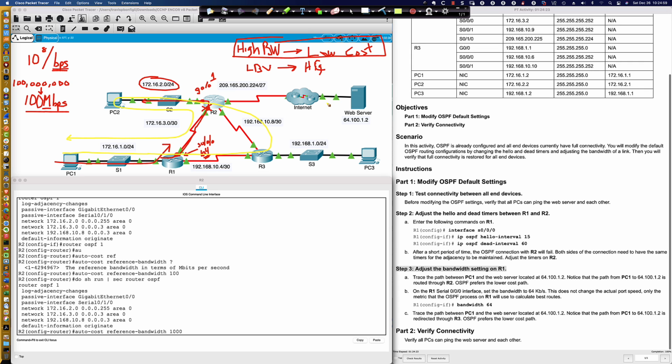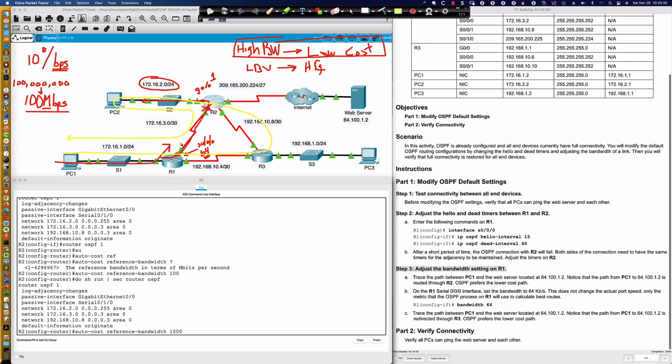Or let's say we want it to be asymmetric because I just want all of this LAN's traffic to come through the slower link, because maybe these are users that I don't care about, right? Again, you can see I'm struggling to come up with a reason in this topology to say we would love asymmetric routing. We would only set 64 kilobits a second here and then not set it on the other side of the link when this link is a 64 kilobit per second link.